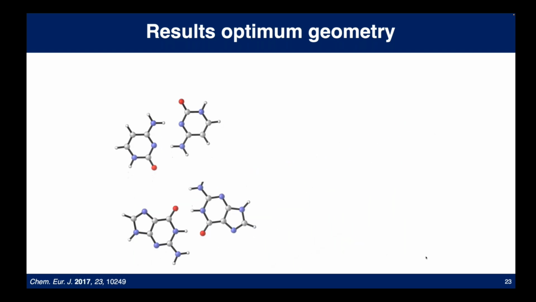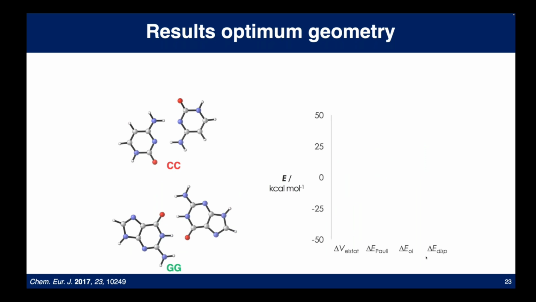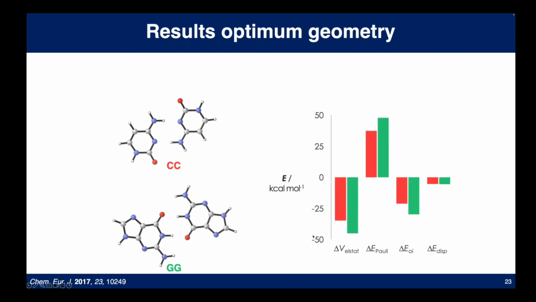So if you then do the energy decomposition analysis with these distances, you will always find that the system with shorter bonds will have larger components. So what we see here, GG has larger electrostatics, more Pauli, more orbital interaction. So you cannot explain the difference of CC and GG from that.